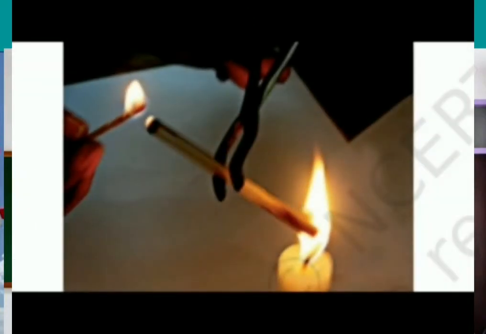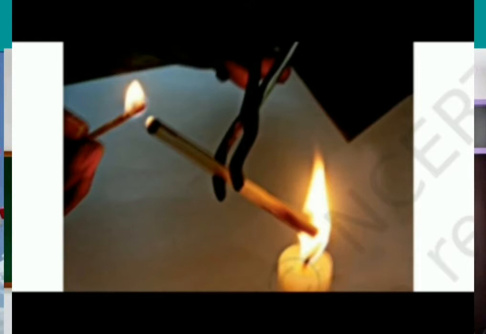Let's analyze this through an activity. Here we take a candle and light it and introduce a glass tube to the dark zone of the candle. Then we also try to fire the other side of the glass tube. At that time, when we introduce a fire at the other side of the glass tube, it will burn.